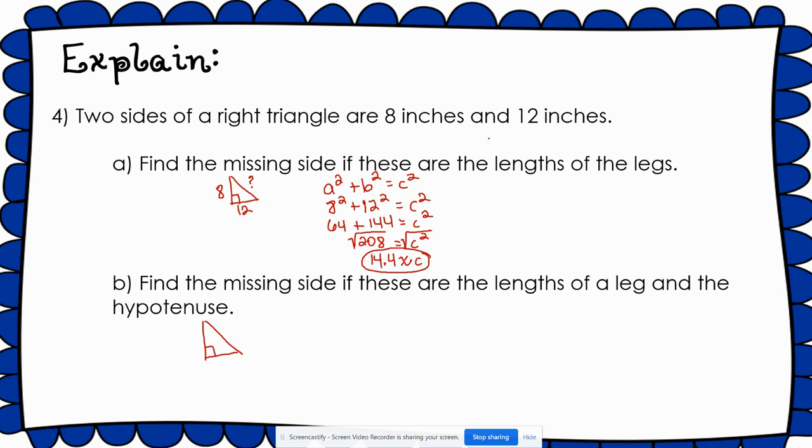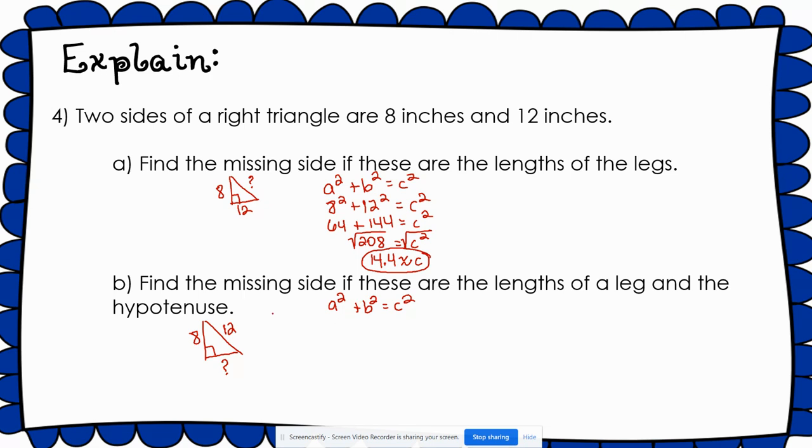Well, we know that the hypotenuse is always the longest side of the triangle. So if one of these is a leg and one of these is a hypotenuse, then I know 12 would be the hypotenuse because that's the longer side length. So that means 8 would be a leg, and what I don't know is what the other leg measures.